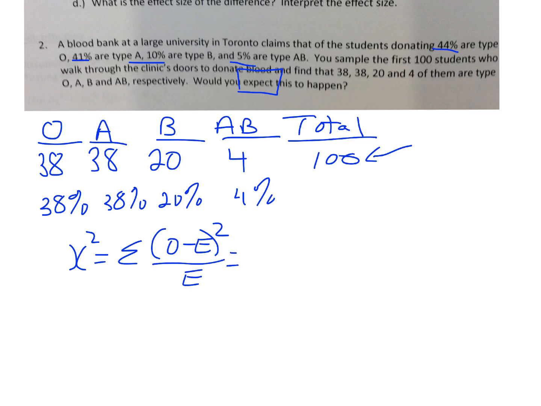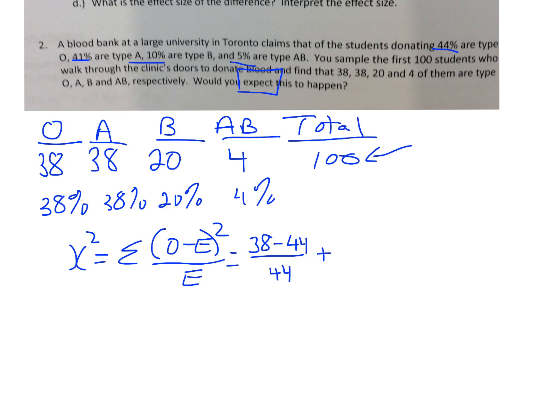In this case we have 4 different things that we're measuring, because there are 4 different blood types, so we're just going to do observed minus expected. So 38 is observed, and expected was 44, over 44, like that.